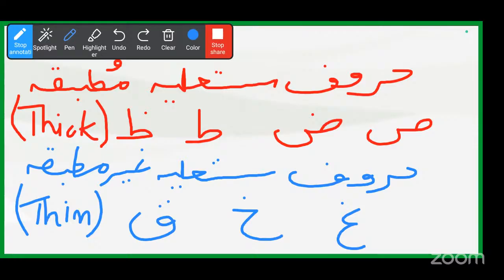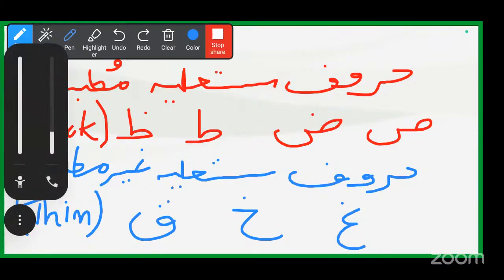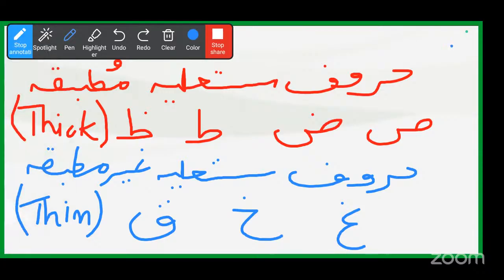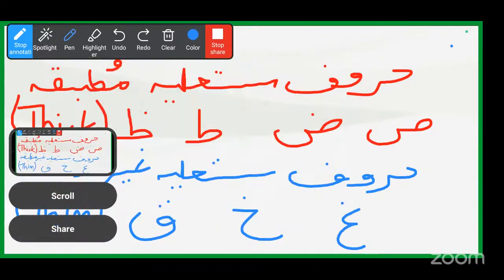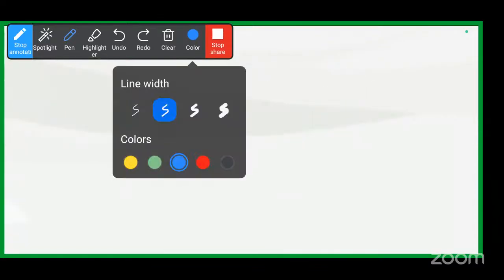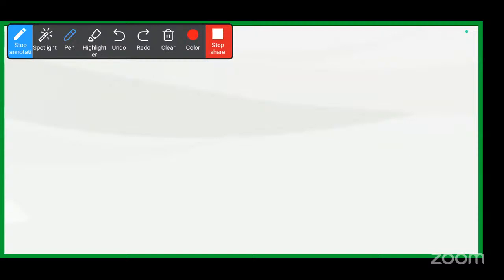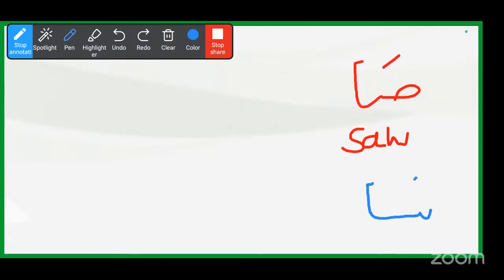Whenever you have these letters, huruf mustaliya, there is a very special rule to keep in mind. For huruf mustaliya, either mutbiqa or ghair mutbiqa, if it has a fatha followed by alif, then you pronounce it heavy, as in Sa, not sa. On the contrary, we have the letter sin, which is not huruf mustaliya, a plain letter.